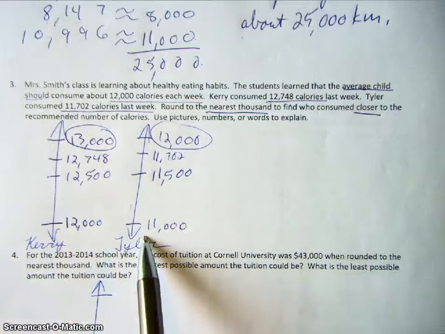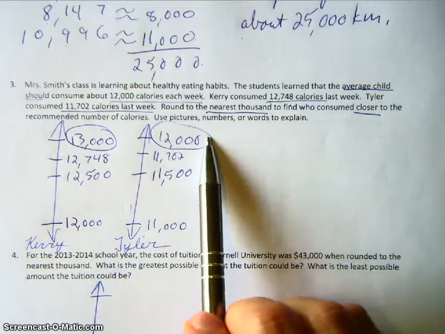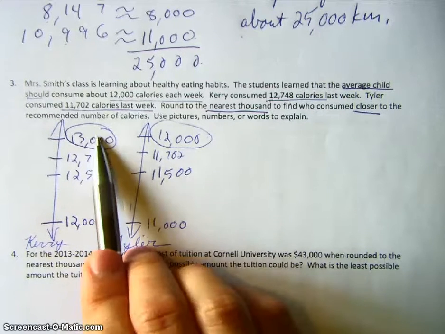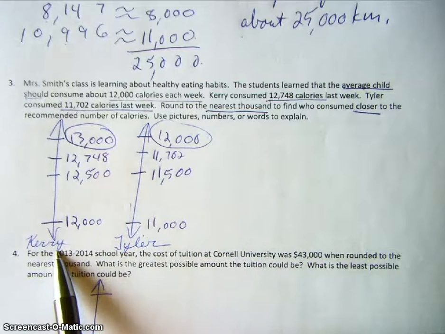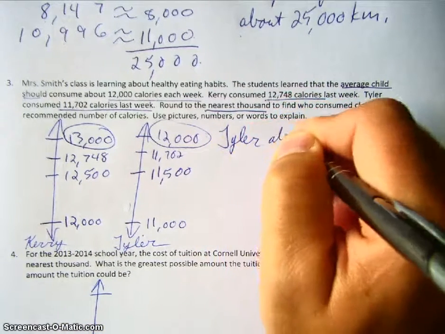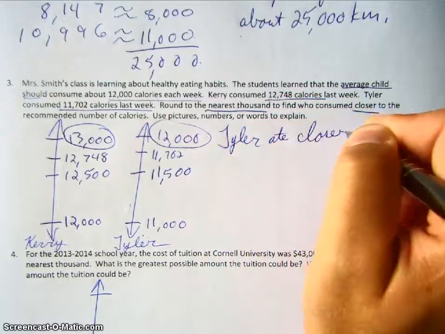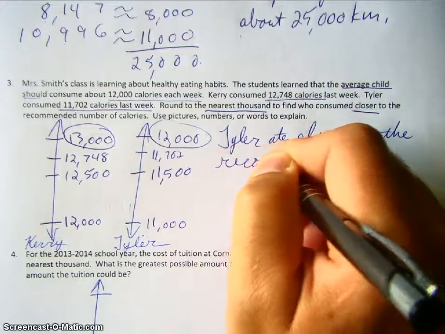So Tyler is actually the one that consumed closer to the average. Carrie was actually closer to 13,000 than he was to 12,000. Okay. So Tyler ate closer to the recommended amount.